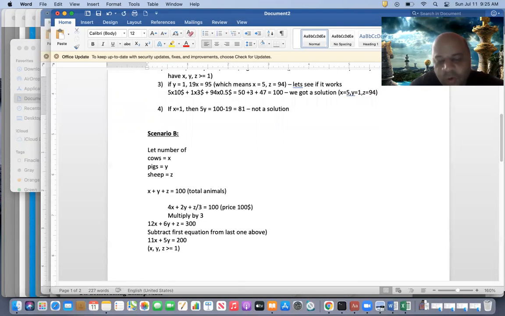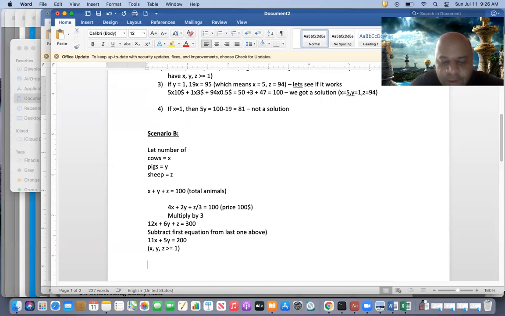What if y is equal to 2? Then it is also not possible, because 5 into 2 is 10, and 200 minus 10 is 190. Does 11 divide 190?